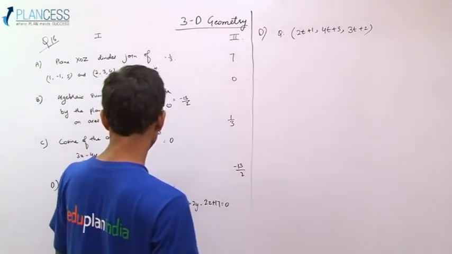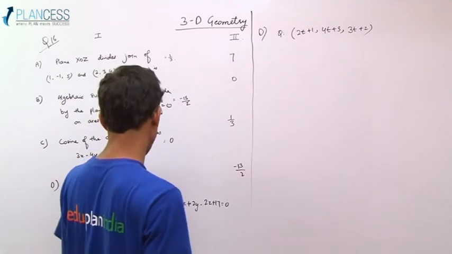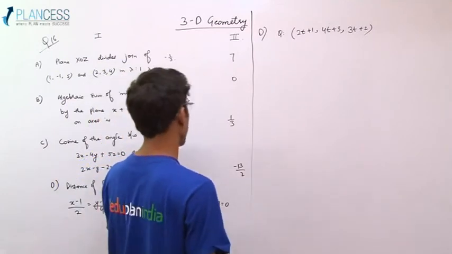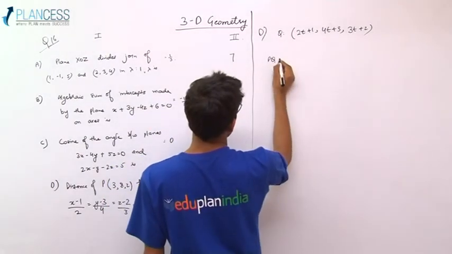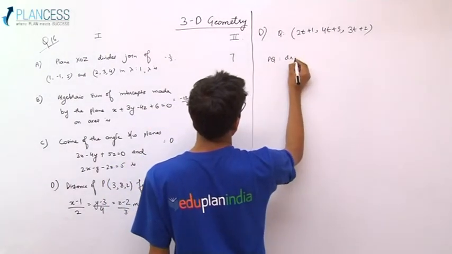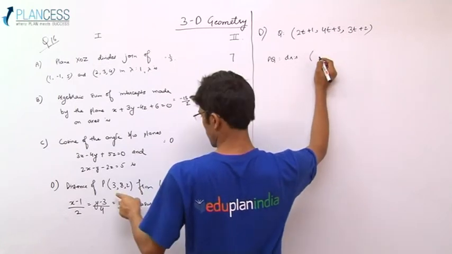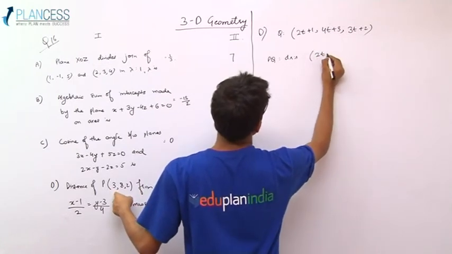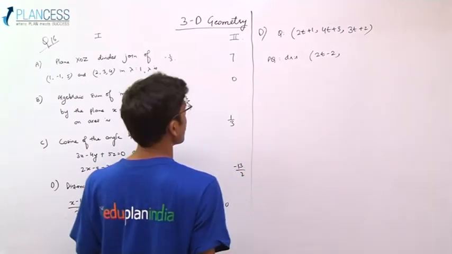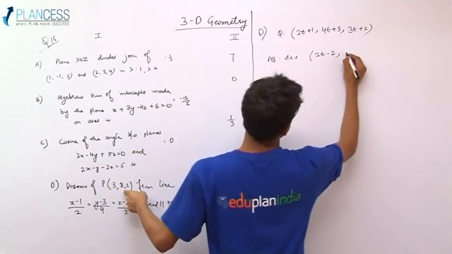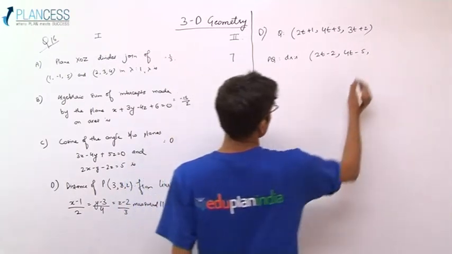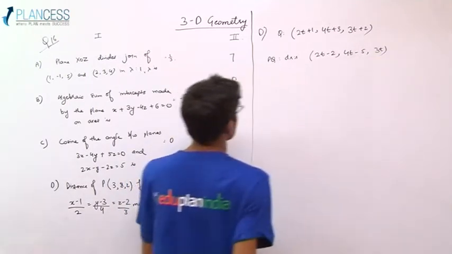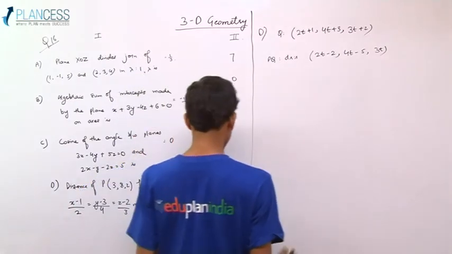So the line joining P and Q is parallel to the plane, that is, it is perpendicular to the normal to the plane. So PQ has direction ratios 2t + 1 - 3, so this is 2t - 2; 4t + 3 - 8, this is 4t - 5; and 3t + 2 - 2, that is 3t. And it is perpendicular to the normal of this plane.